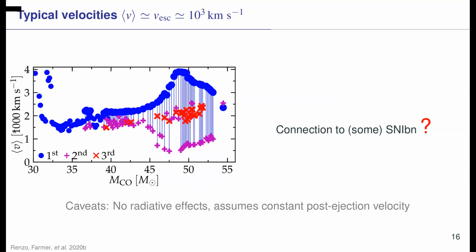And here you see these on the y-axis, again as a function of the carbon-oxygen core mass. And as you can see, the ballpark velocity is in the thousands of kilometers per second, which maybe is not surprising because that's the ballpark of the escape velocity from a helium core. You can also see some trends that the second and third pulse might be slower than the first one, especially for these most massive models.